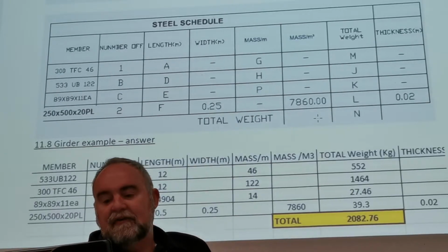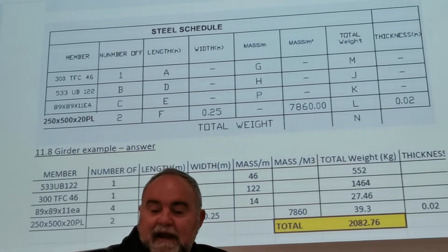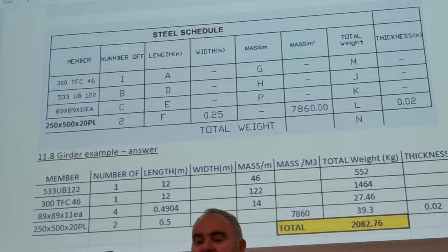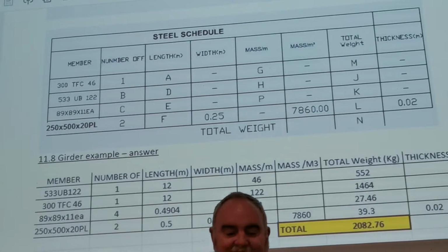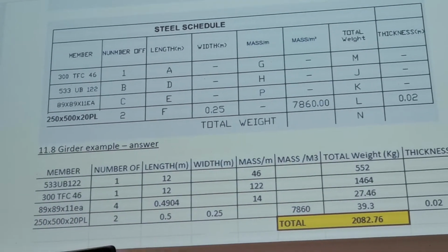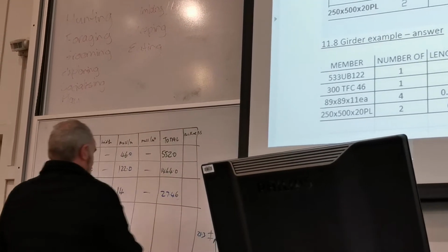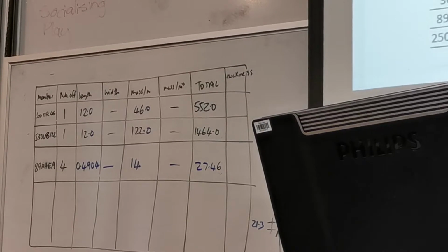So that answer is 100% correct. Have a look at the plate there, 2 times 0.5 times 0.25 times 7860, and whoever gave me that 44 was wrong. That was naughty. 46 apparently. That's half a mark off, I think.